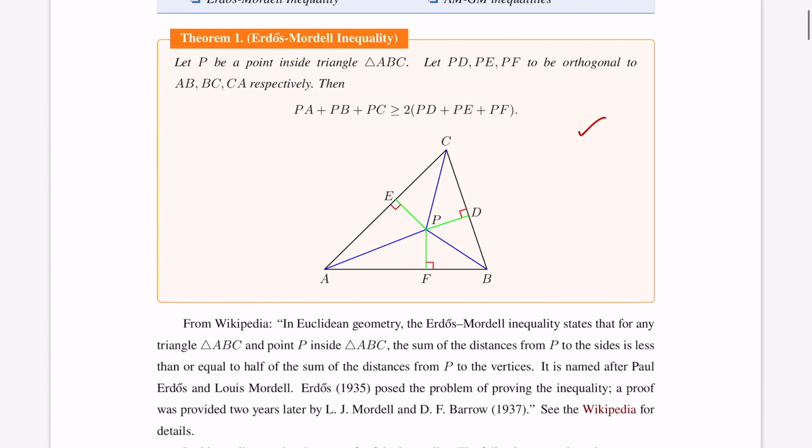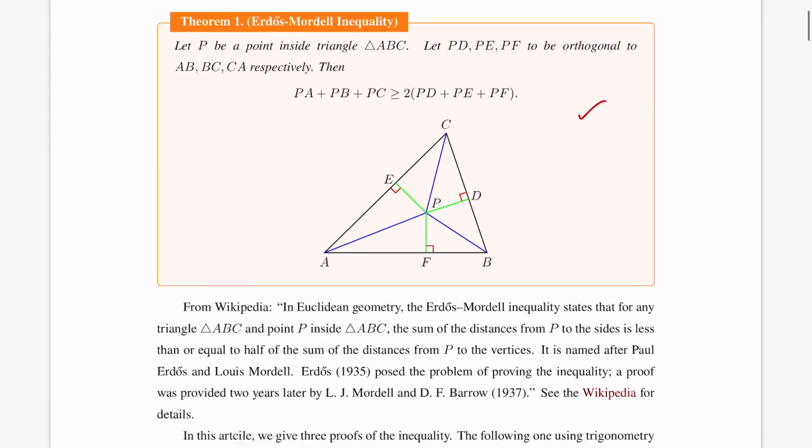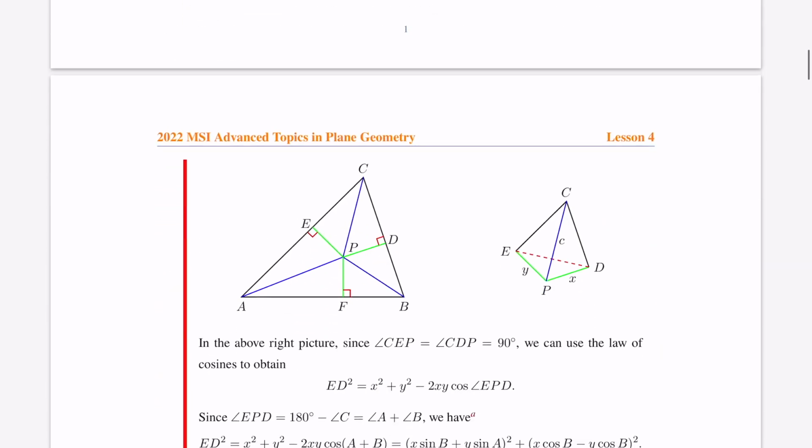We will use some trigonometry, and the proof is simplest by using trigonometry. All right, so remember the inequality is PA plus PB plus PC is greater than or equal to 2 times (PD plus PE plus PF). It requires some computation.